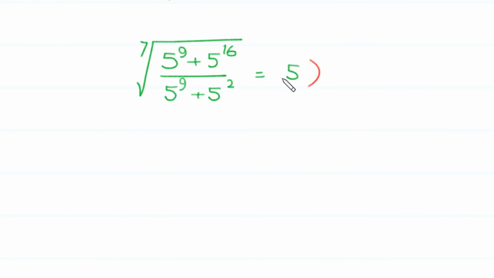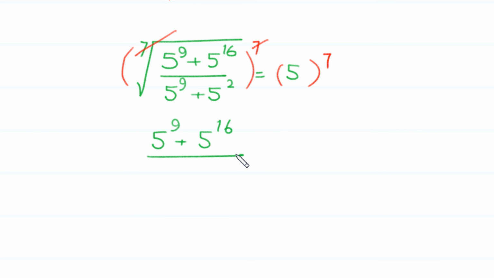Now we take power 7 on both sides of this equation, and this power 7 will be cancelled with this 7th root, and on the left side we are left with 5^9 + 5^16 divided by 5^9 + 5 squared is equal to 5^7.